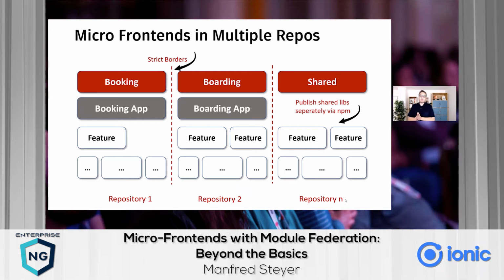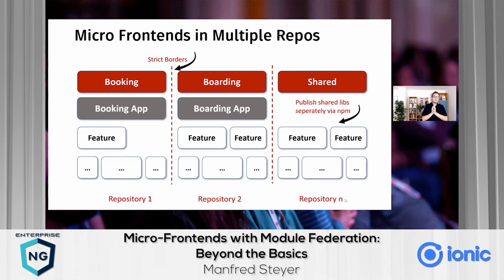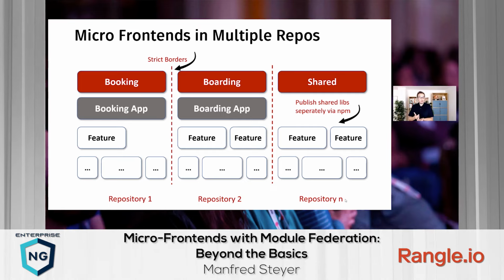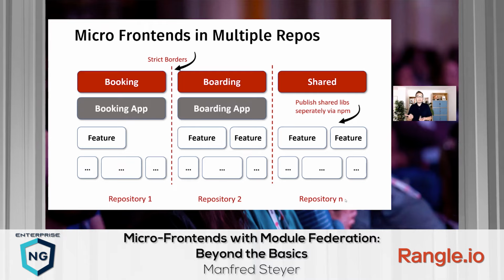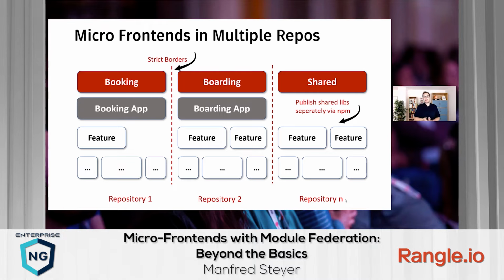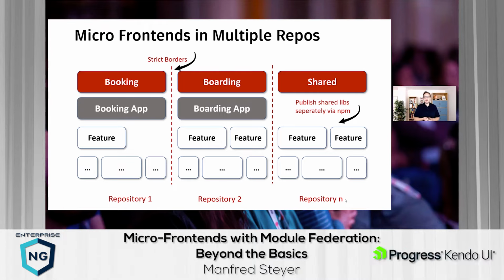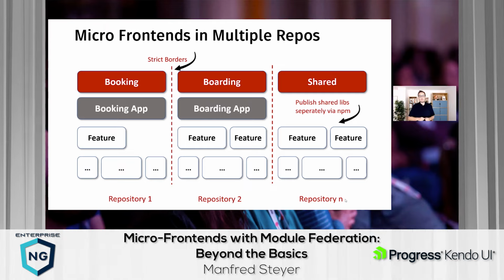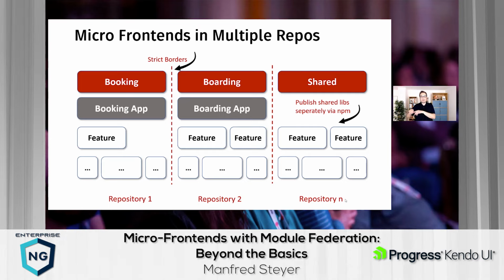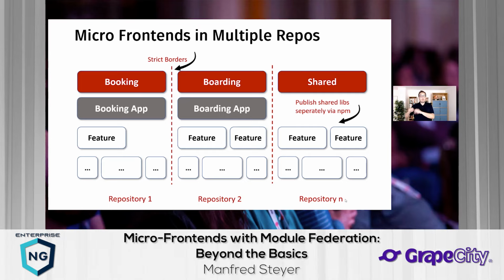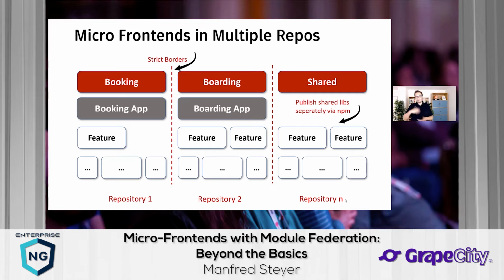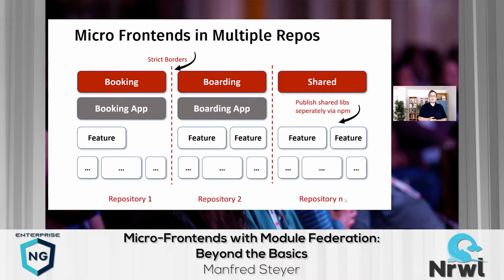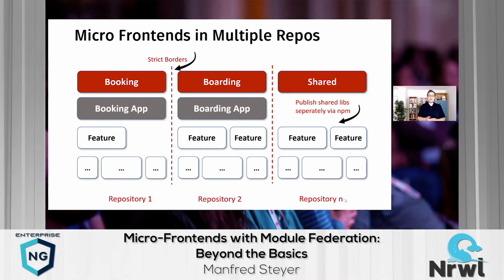However, there is also a drawback. This freedom comes with some costs. For instance, now you need to publish your shared code via NPM. And we all know publishing code via NPM can be a pain. You need to version your libraries, you need to publish them, and if there is a bug, you need to fix the bug, version them again, increase the version number, and publish them again. And this is repeated until everything works or until you go crazy, depending upon what happens first.